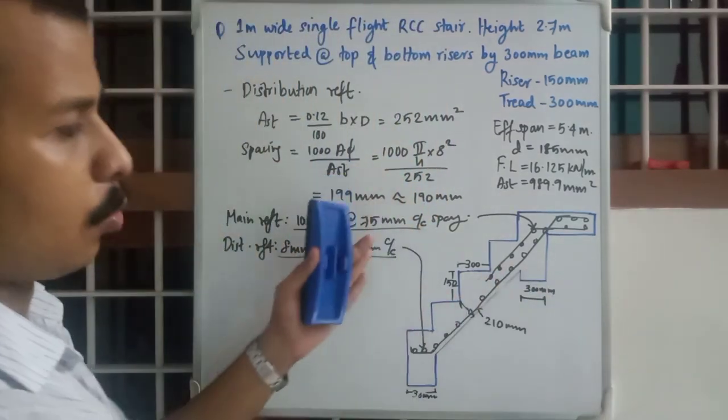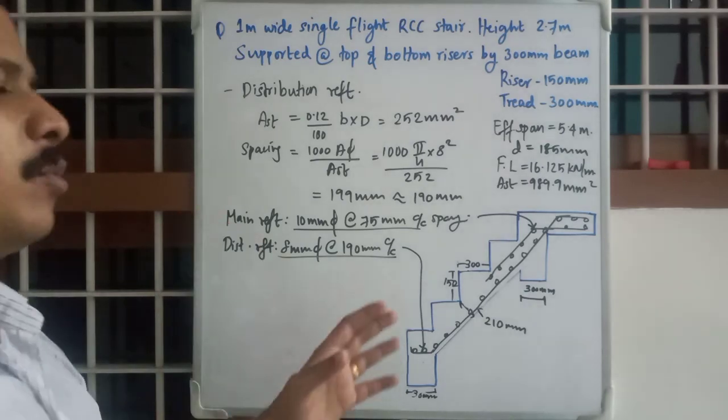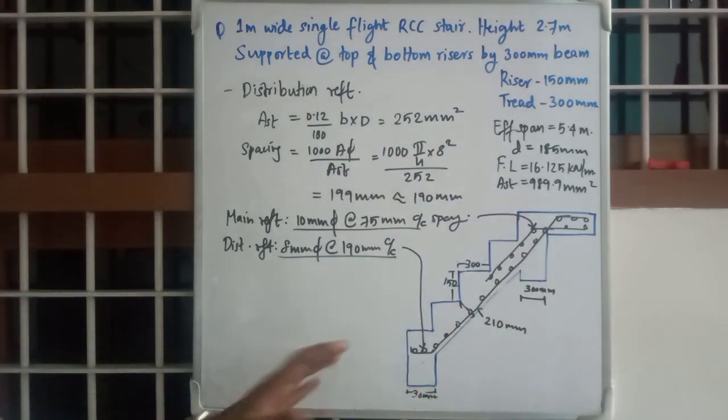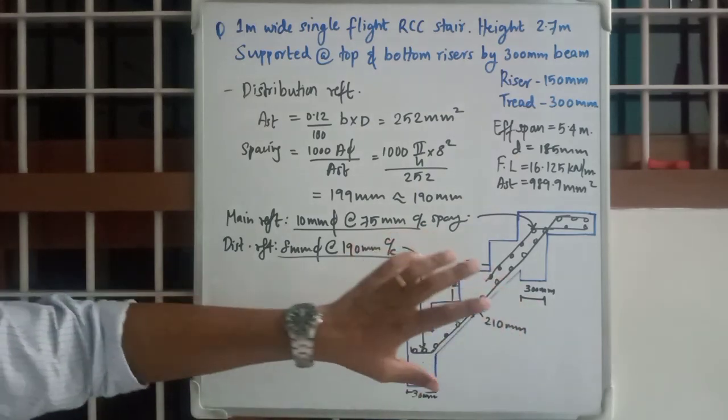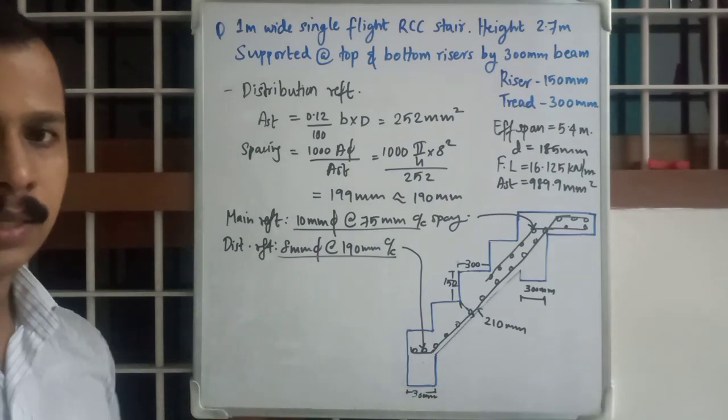The outer ones will be the main reinforcement, the inner ones will be the distribution reinforcement, as always. So this is the general idea of how you detail the reinforcement on a single flight simply supported staircase. Okay, thank you.